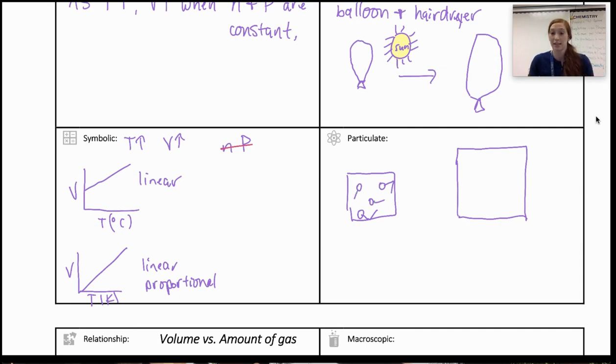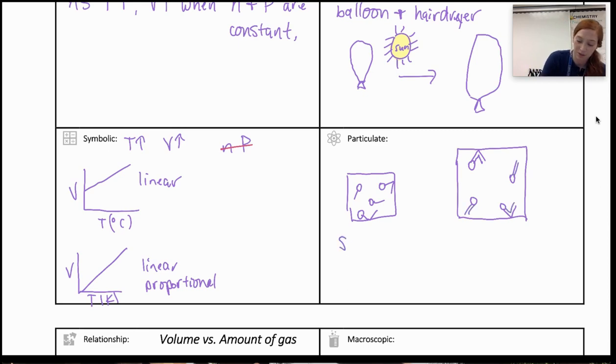Pressure has to stay the same, amount of gas has to stay the same. So I want to show 4 particles and 2 collisions. The difference here is I've got a higher temperature, so faster moving particles.